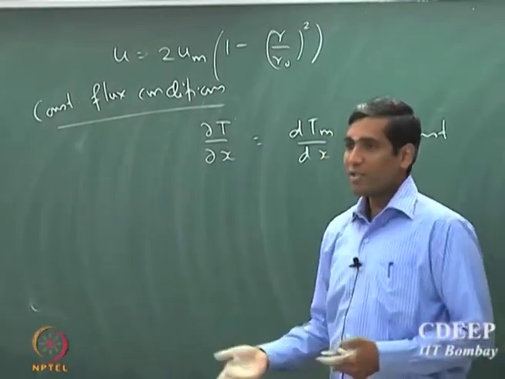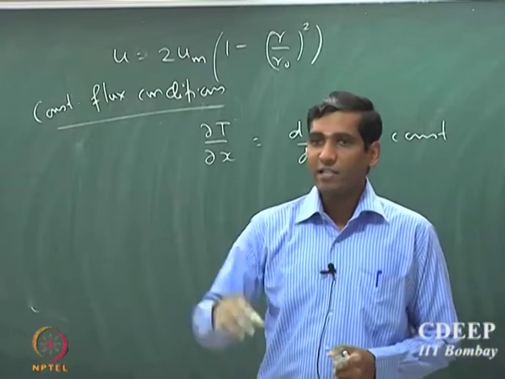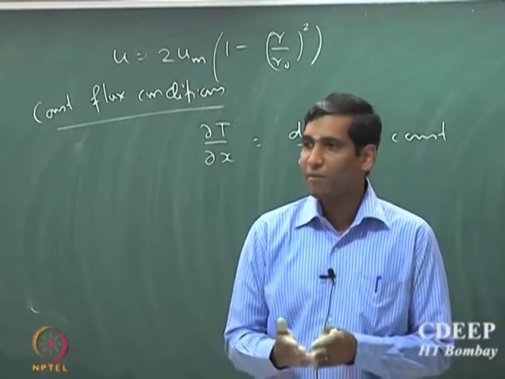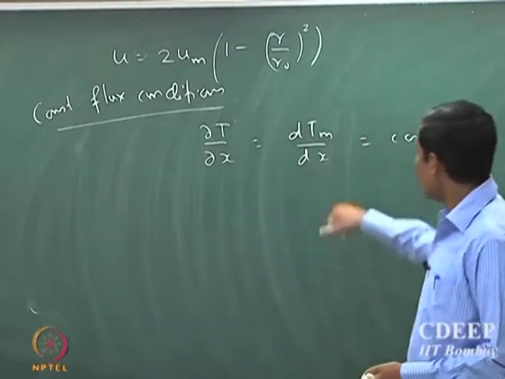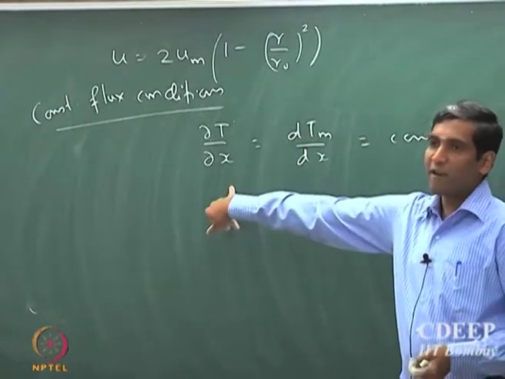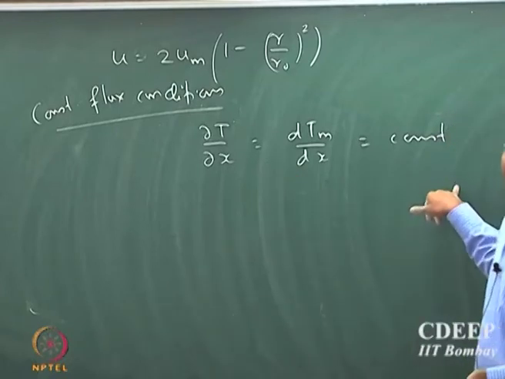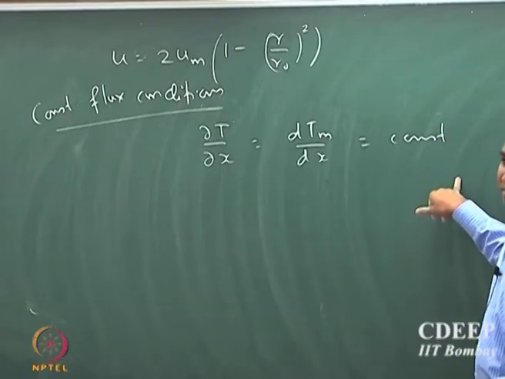Why is this? Because the temperature profile in the fully developed regime is similar at any x location, and therefore the local temperature gradient in the x direction remains constant.